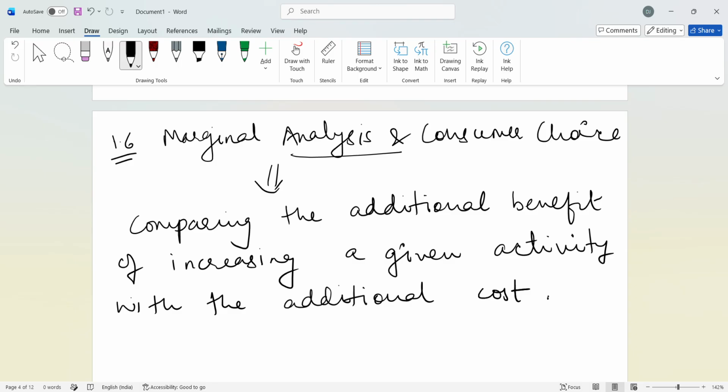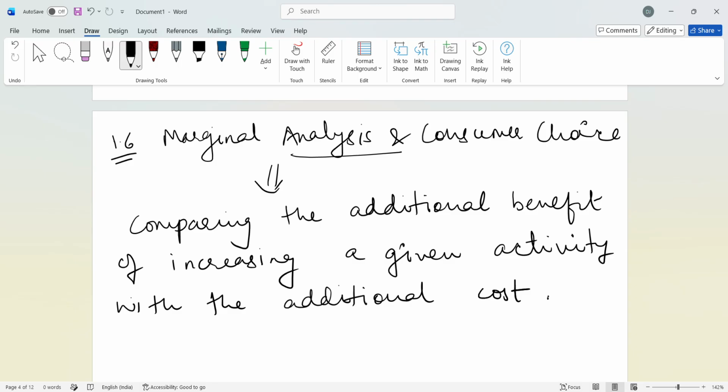Before this, we looked at the total benefits and total costs, and we take the difference between the two to see whether the net benefit is positive or negative. But when we come to the marginal, we only take into consideration the additional benefit, one more benefit that we get by, let's say, increasing by one more unit of consumption of a good, with the additional cost that I am incurring by consuming that additional quantity of a good or service.